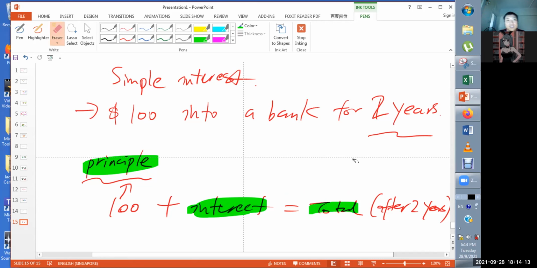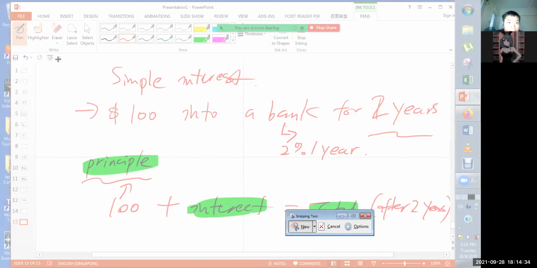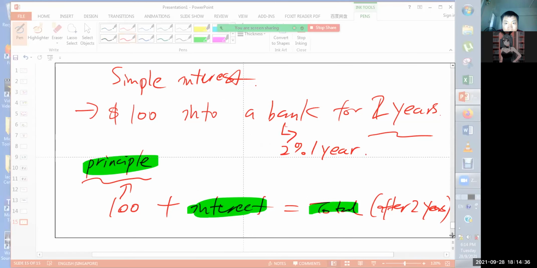Usually it's in terms of percentage. So let's say the bank gives 2% a year interest. 2% per year. So let's take this example.